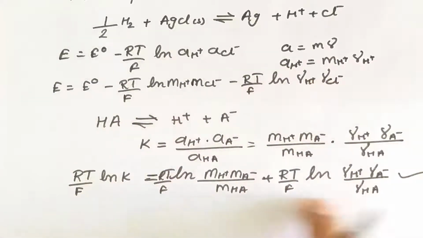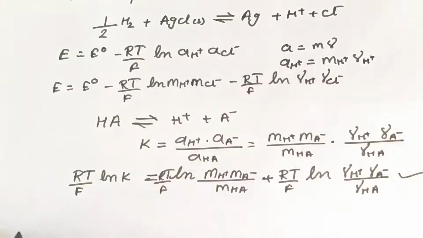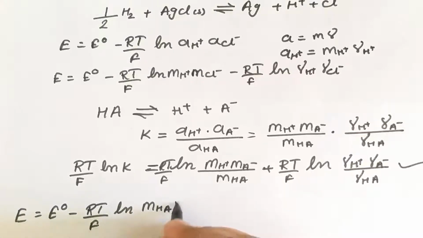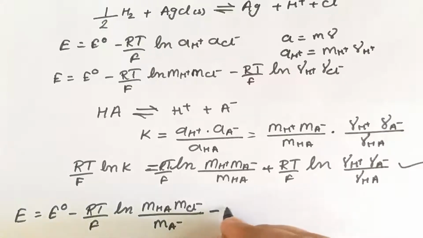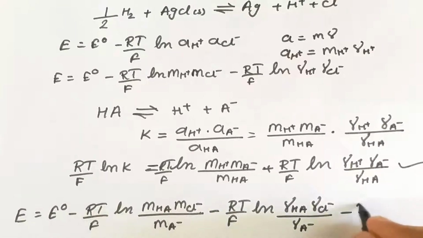So when we add both these terms to this representation and subtract this, the representation will take the form E is equal to E0 minus RT by F ln of m of HA m of Cl minus upon m of A minus, minus RT by F ln of gamma of HA gamma of Cl minus upon gamma of A minus, minus RT by F ln K.